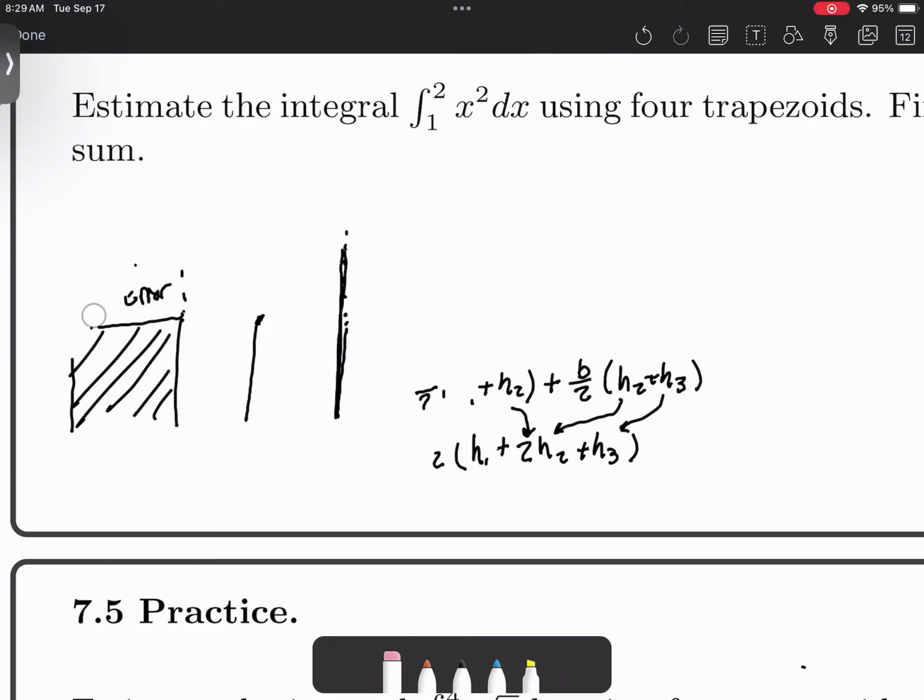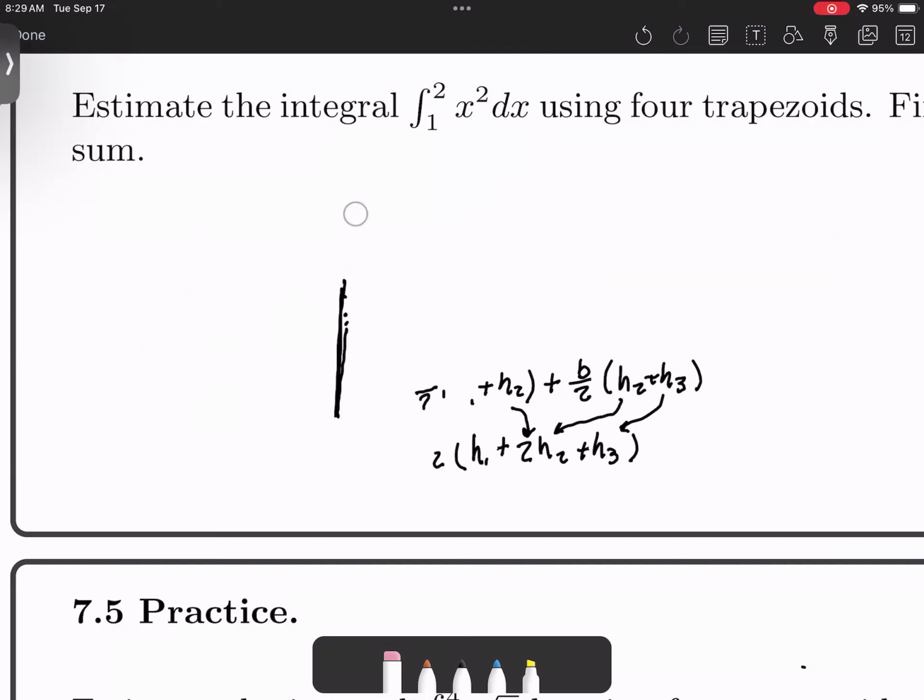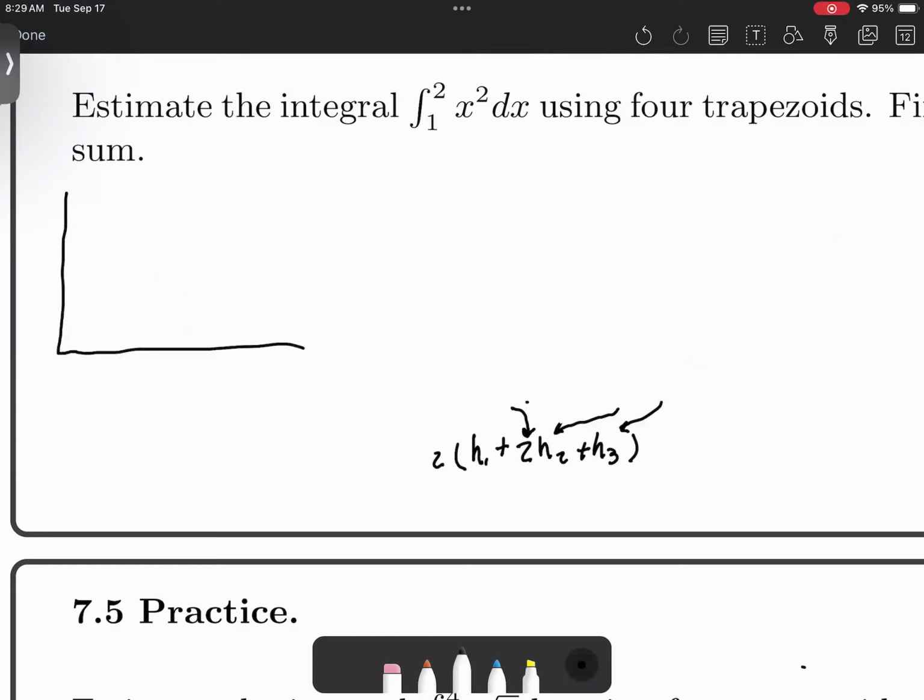Here we wish to approximate the area underneath x squared over the interval 1 to 2. So let's give ourselves a sketch of what's going on. There's the x squared function, and this is the interval 1 to 2.